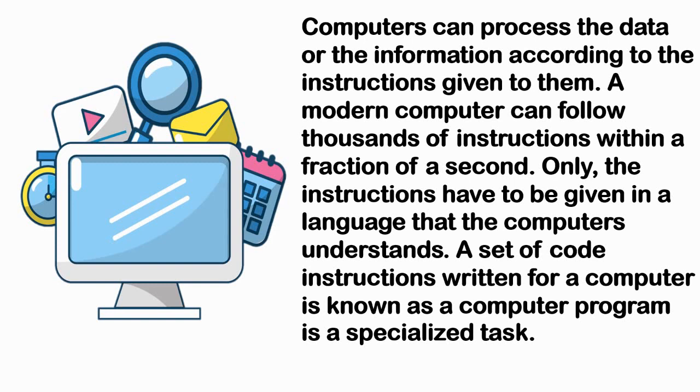A modern computer can follow thousands of instructions within a fraction of a second. A modern computer is very quick and it follows many instructions in a short period of time.